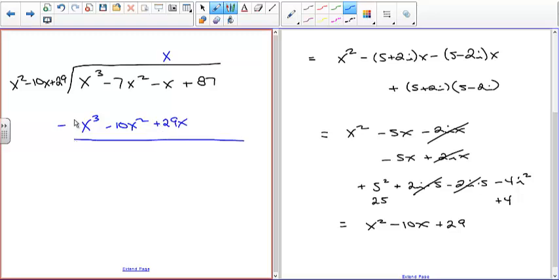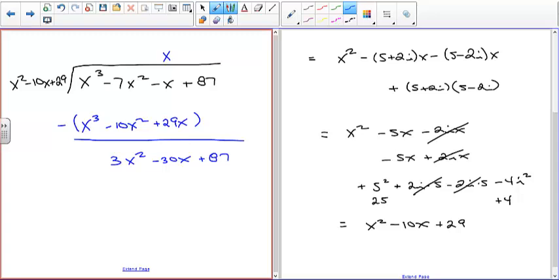But we're really subtracting it, so we do that. When you add these two to get 0, which is the objective, then you have negative 7x squared plus 10x squared, because you get a negative times a negative. So it's going to be positive 3x squared. And then you have negative x minus 29x, which is negative 30x. And then you bring this down, plus 87.